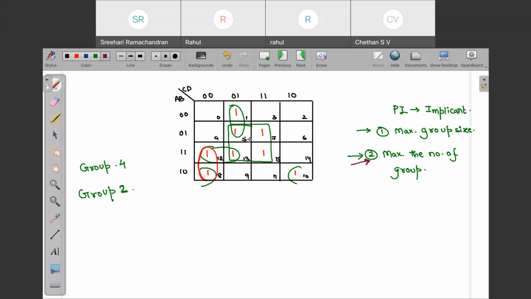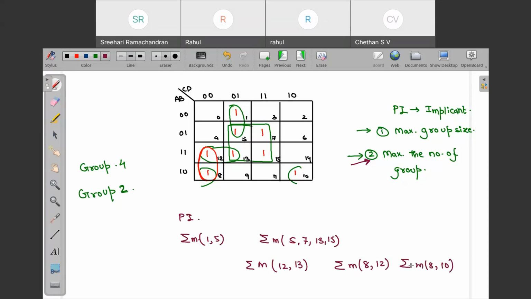Theory? Yes, sir. Okay, any doubt? So then, you asked what the prime implicants are. So the prime implicants are: one of the groups is M15, another is M5, 7, 13, 15, another will be M12, 13, another will be M8, 12, another will be M8, 10.